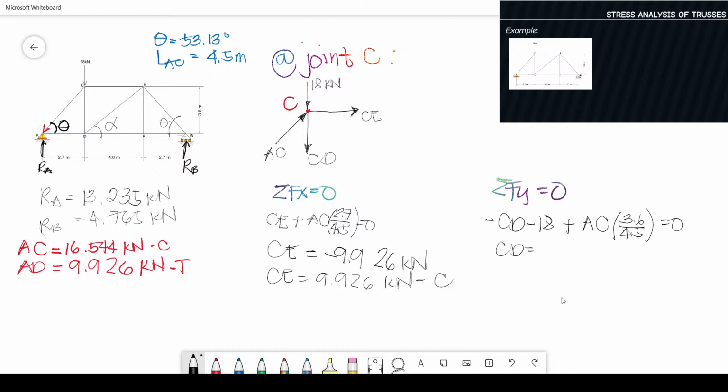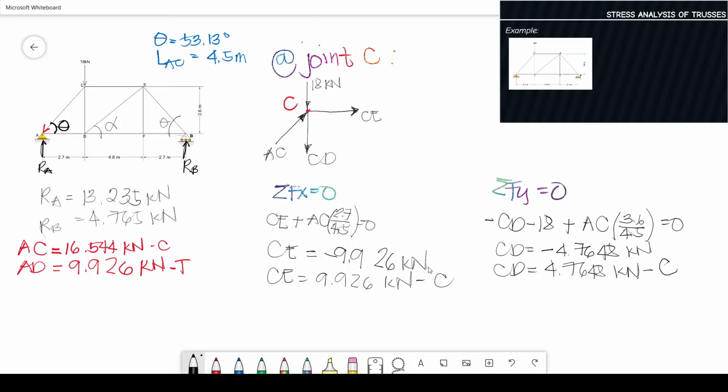So again, negative. Correct. All our assumptions are wrong. So CD equals 4.7648 kilonewton. Instead of tension, they are all compression.